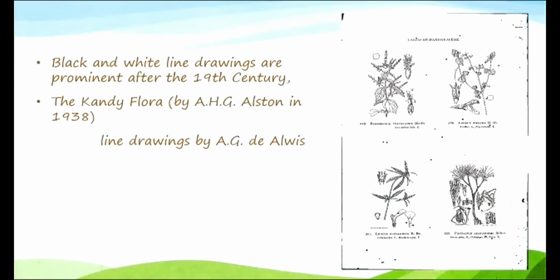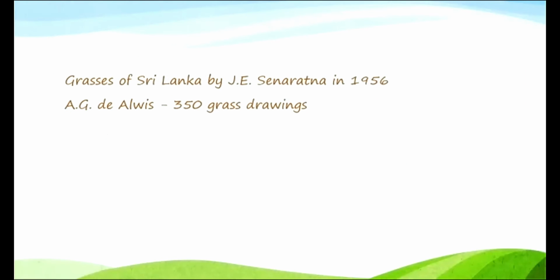There we can see black and white line drawings, and most of the drawings in this Kandy Flora were done by A.G. Dallis, one of the grandsons of Haramanis Dallis. Then another book, Grasses of Sri Lanka by J.E. Senaratne in 1956. In this book, 350 grass drawings, the color paintings, are available, and all the drawings were created by A.G. Dallis, the grandson of Haramanis Dallis.